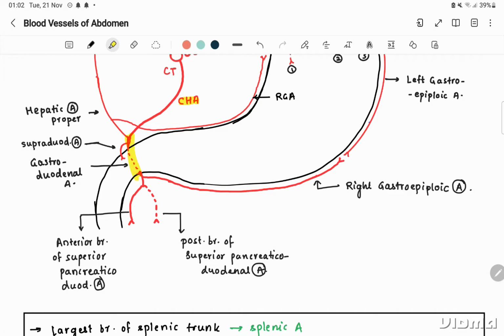This gastroduodenal artery goes posterior to the stomach, and it forms an anterior branch of the superior pancreatico-duodenal artery and a posterior branch of the superior pancreatico-duodenal artery. It also gives a branch called the supraduodenal artery in the front part.